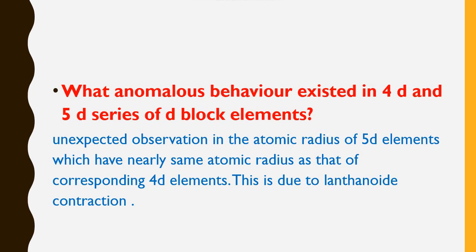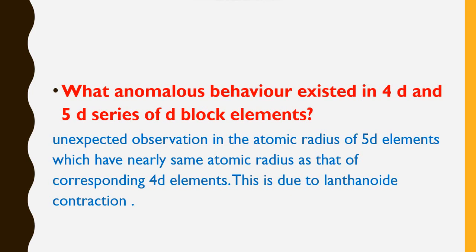So what is the reason? Due to lanthanide contraction. Lanthanide contraction means imperfect shielding. Imperfect shielding means poor shielding of electrons. When the atom has poor shielding, the proton attraction will be more.